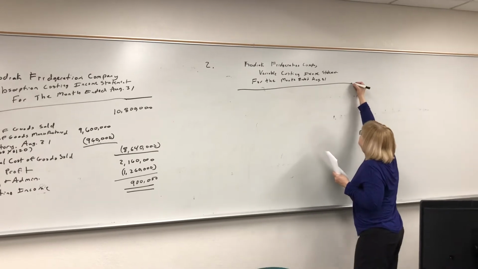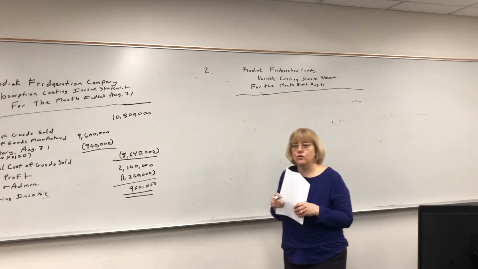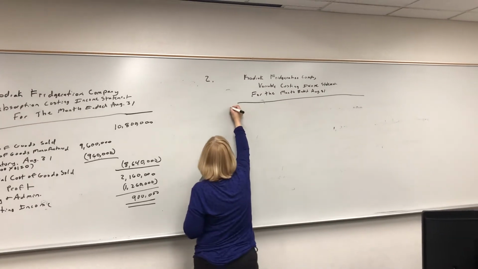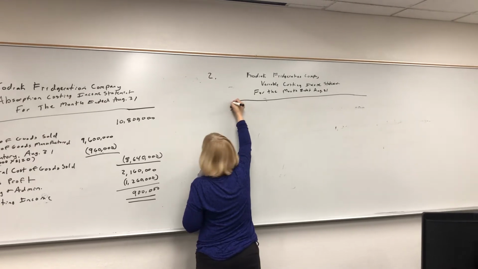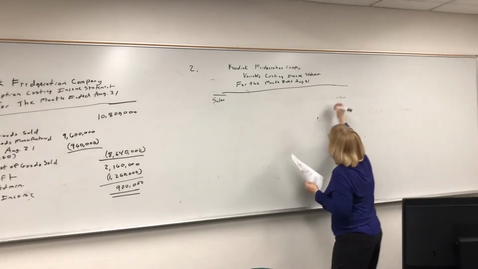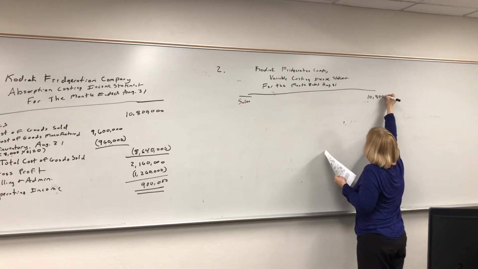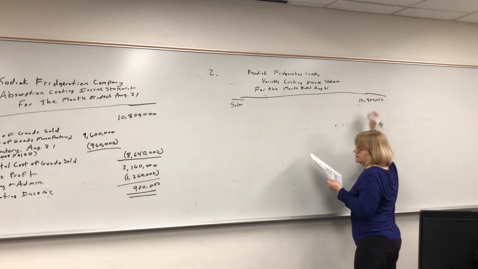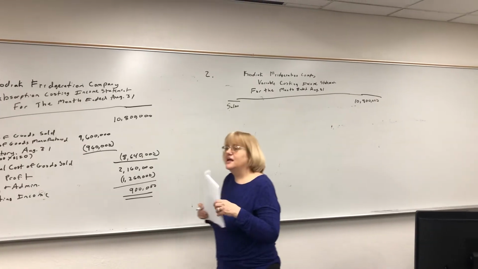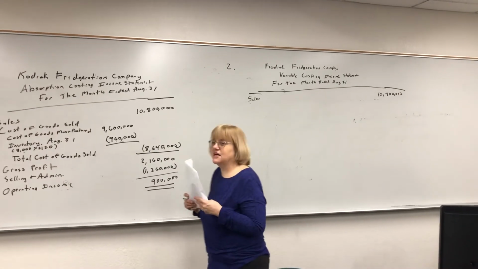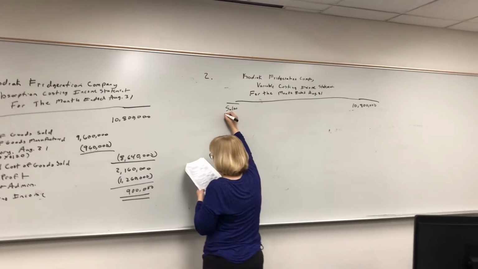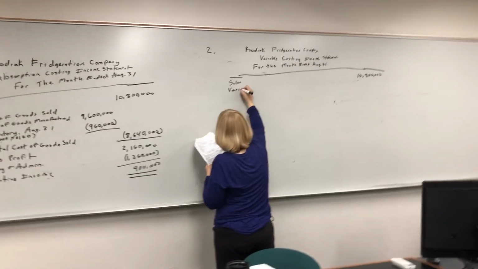We start out the same way, still an income statement, so we start with sales. Our sales are exactly the same, whether you're doing variable or absorption. Then, instead of cost of goods sold, we have what we call variable cost of goods sold.